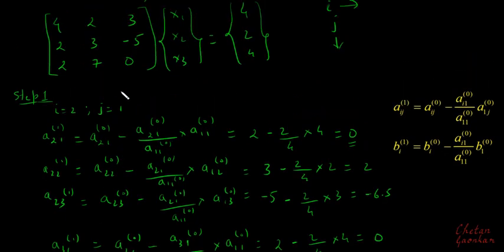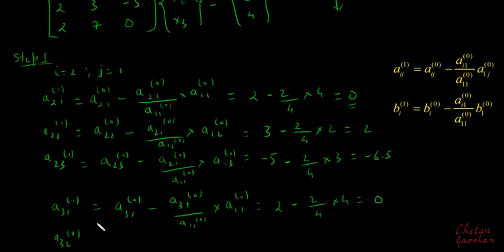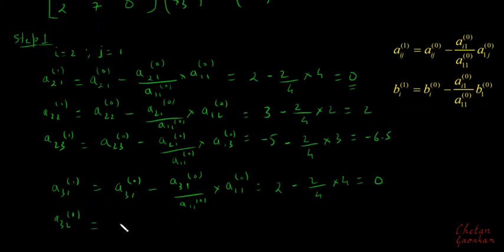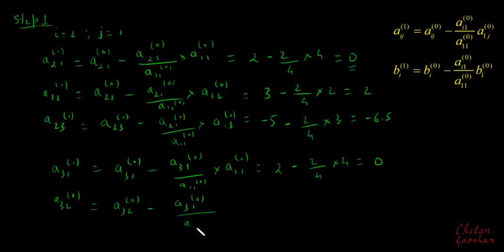And similarly here now, a32, the new element here, will be equal to a32 original minus a31 original divided by a11 original multiplied by a12 original.